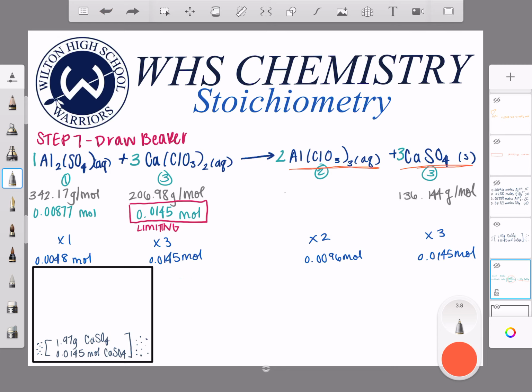Now that we've done our solid, let's look at what we would do for the AlClO3 3 aqueous. Since it's aqueous, we know that we can break an aqueous solution into its ions.